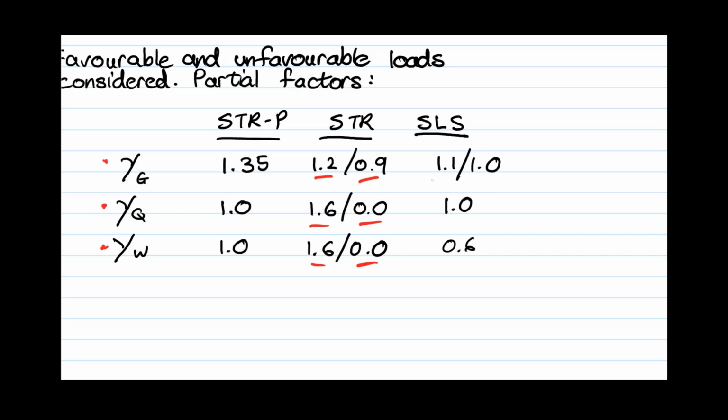So we just take a little bit extra for permanent loads because maybe the concrete floor is a little bit thicker than we thought, or they've added some tiles or something like that. So we've got a little bit of a partial factor, but in general, the values are often around 1 for the rest of these. So that's day-to-day operation, SLS, where the other two, remember, are ULS values for STR and STRP.